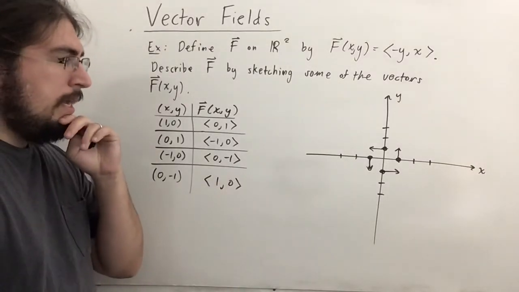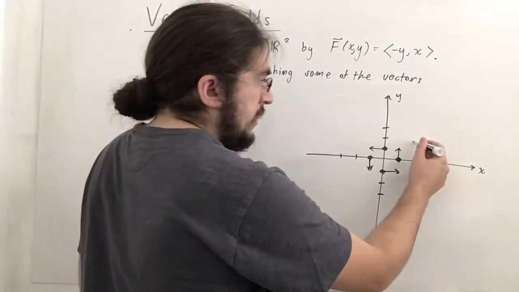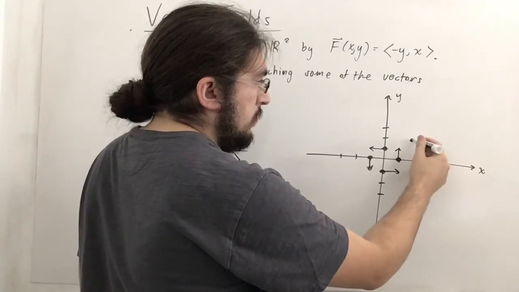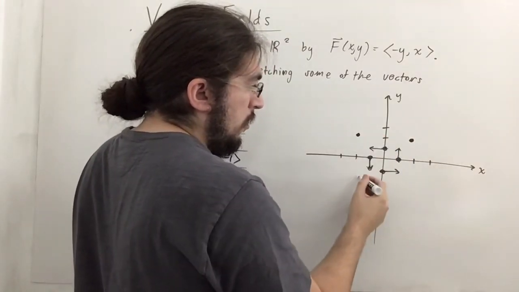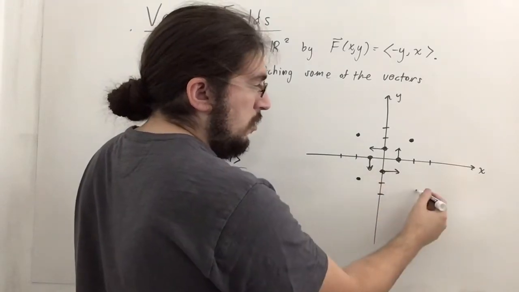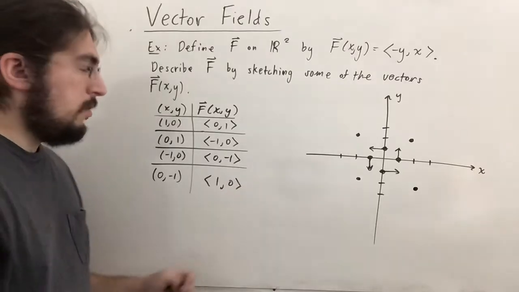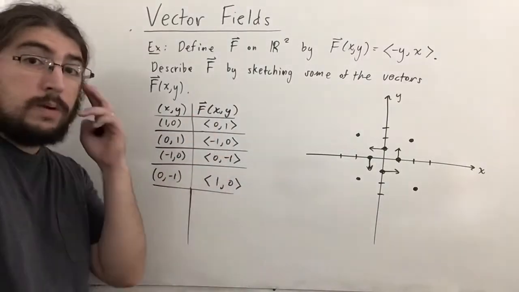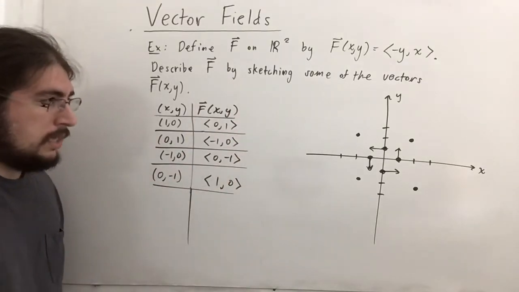We're okay there. But now what happens for other points? Like, let's say, for instance, what about the point 2, 2? Or negative 2, 2? Or negative 2, negative 2, or 2, negative 2? Something like that. Well, it's not too hard to see what happens, but I'll just draw one particular, and then from there I'll show you what they look like, and just go based on the pattern.